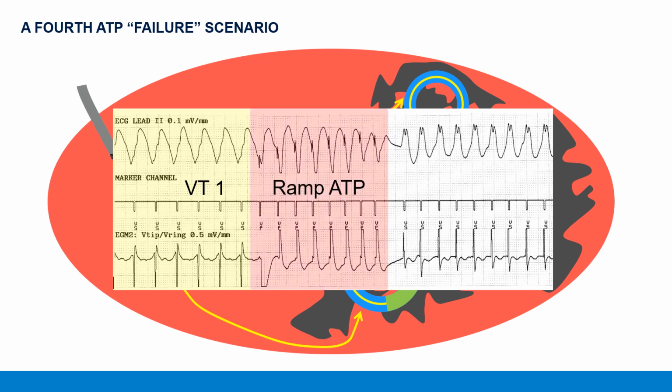A ramp ATP is delivered. VT does not terminate, but it's a different electrogram and a different cycle length. And again, if this were to occur, the IATP algorithm would recognize the different cycle length, and it would start over again in its algorithm in an attempt to terminate this new ventricular tachycardia.